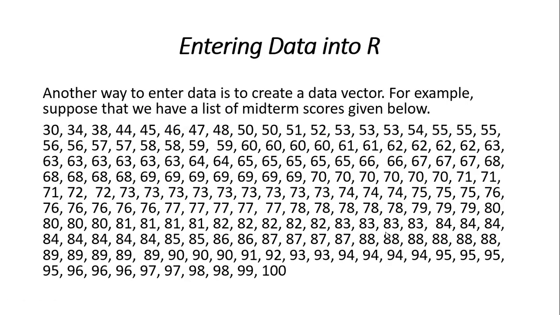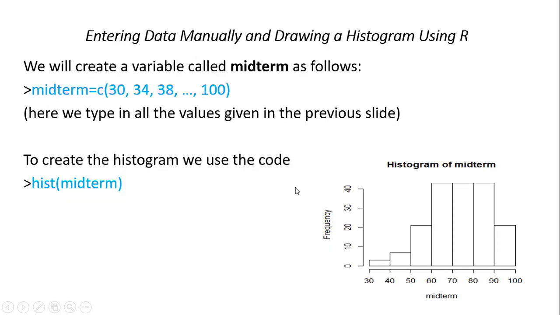Another way to get at data in R is to enter data by typing it in. For example, suppose we have this list of midterm scores given below. You can see this is a fairly large list. So if we want to create a variable that we'll call midterm, we can start out typing the word midterm, set it equal to c.